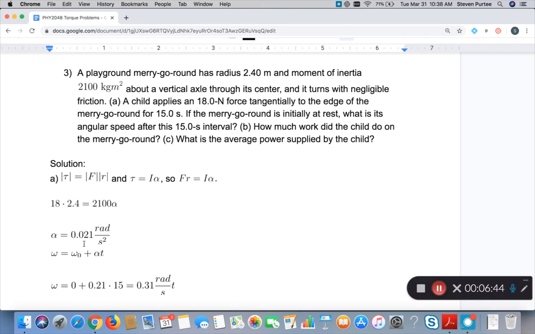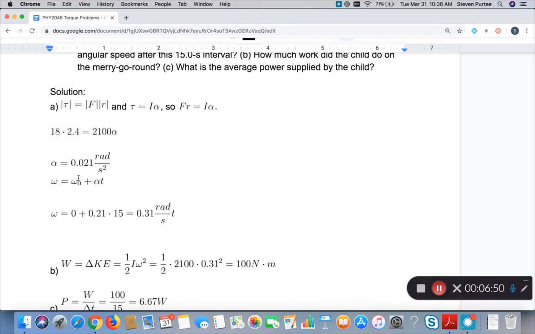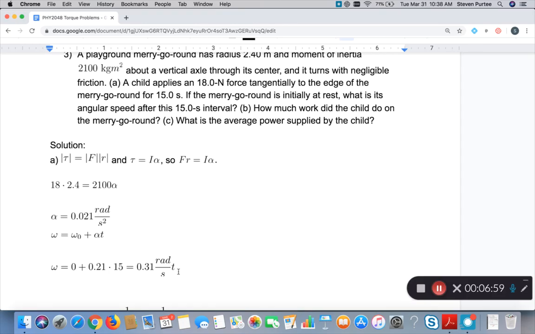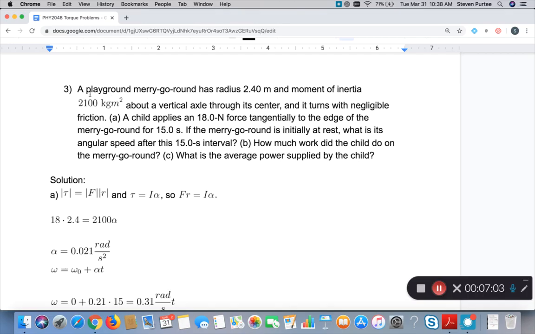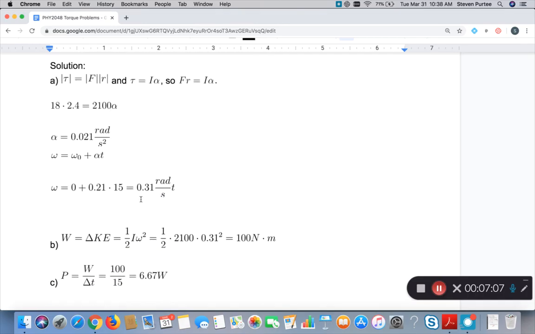So we get alpha. Then this is constant acceleration, so we can use our constant acceleration equations and solve for our final omega. After 15 seconds, this is how fast we'll be rotating. This thing has a really high moment of inertia, so it's hard to get rotating. That's why we're not rotating very quickly.